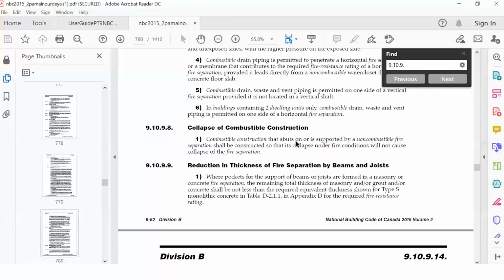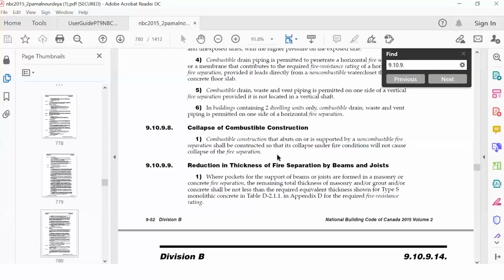Combustible construction. A lot of people ignore this one. Combustible construction that abuts on or is supported by a non-combustible fire separation shall be constructed so that its collapse under fire conditions will not cause collapse of the fire separation. So if you're building a fire separation with a requirement for a non-combustible fire separation, and you've got combustible construction that abuts onto or is supported by the non-combustible fire separation, you don't want that combustible construction to cause your non-combustible fire separation to collapse prior to achieving its fire rating.